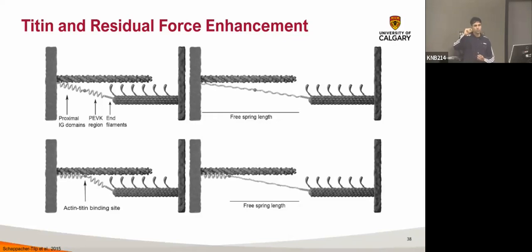But when you eventually deactivate the muscle, we notice that there can still be this increased amount of force, and we call it passive force enhancement. If it's increased and we've already deactivated the muscle and taken away all the force coming from the active components, the only passive element that we can really examine is titin. So we decided to look there. That is basically one model that can explain the results that you have.